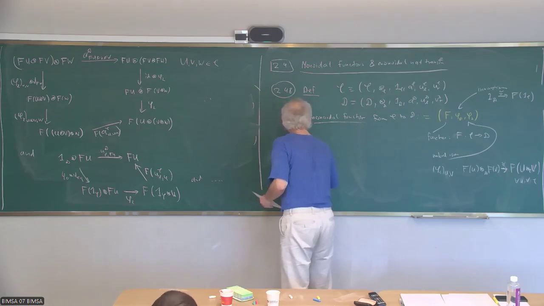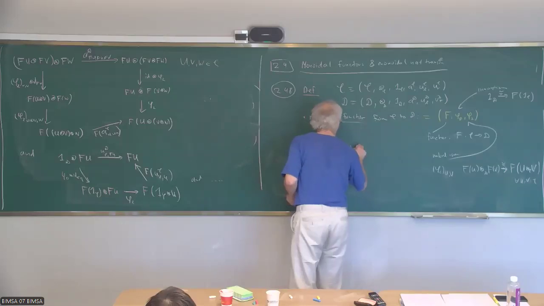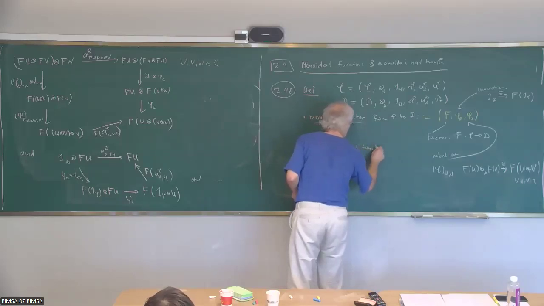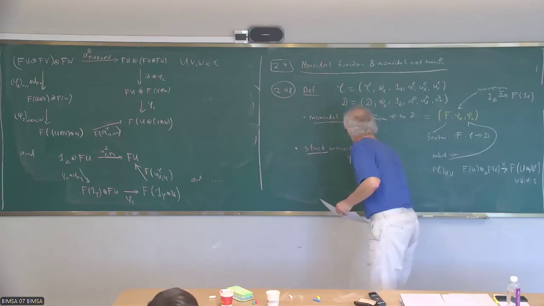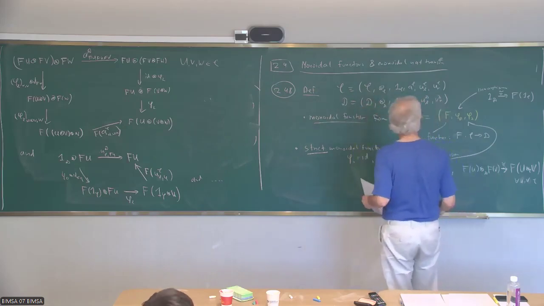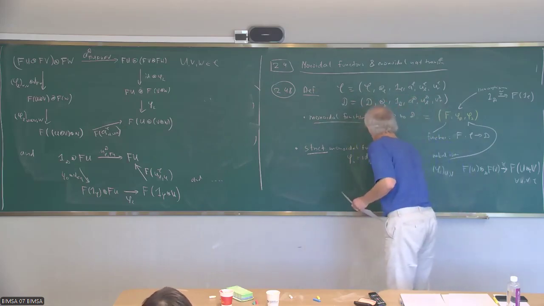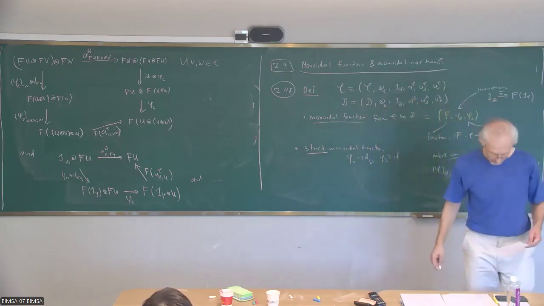Also, we say that we have a strict monoidal functor if we deal with a monoidal functor for which phi 0 is the identity on 1D and phi 2 is the identity morphism.